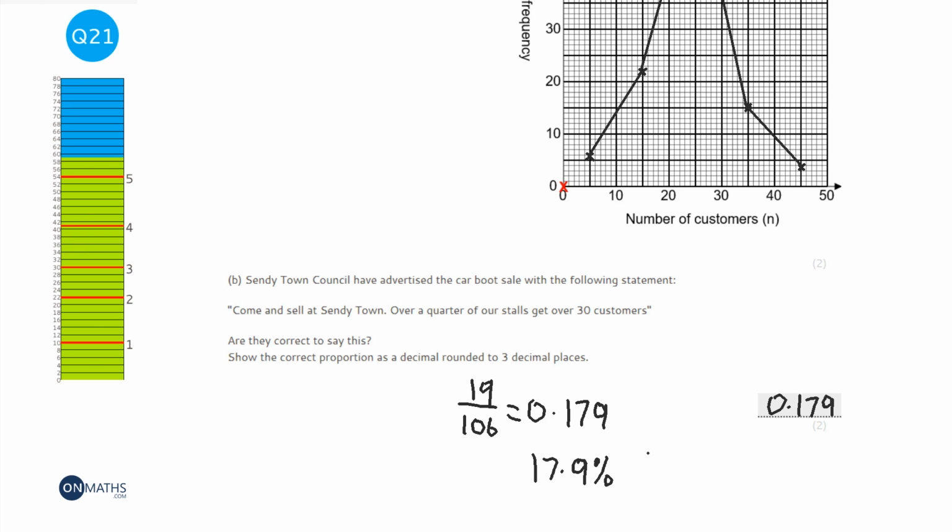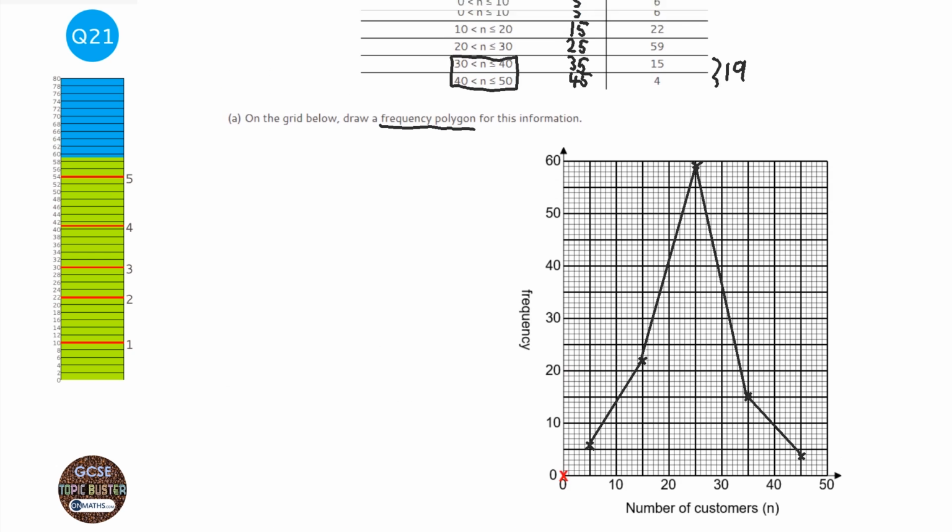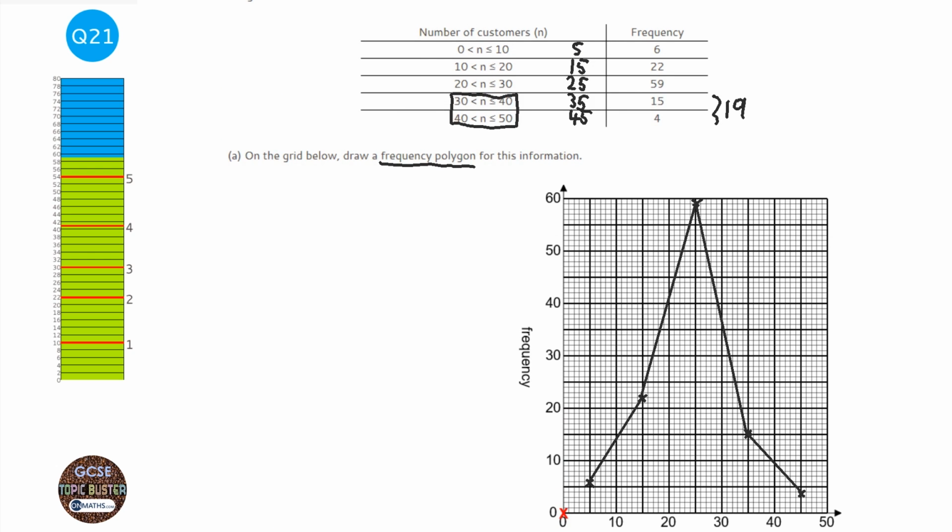So it's less than 25%. And just write a sentence saying that yes, it's close, but it's not quite at 25%, because even rounding up to the nearest percentage, it's 18%, which is 7% lower than 25%. So just make sure you write all of the numbers in an answer that answers the question.